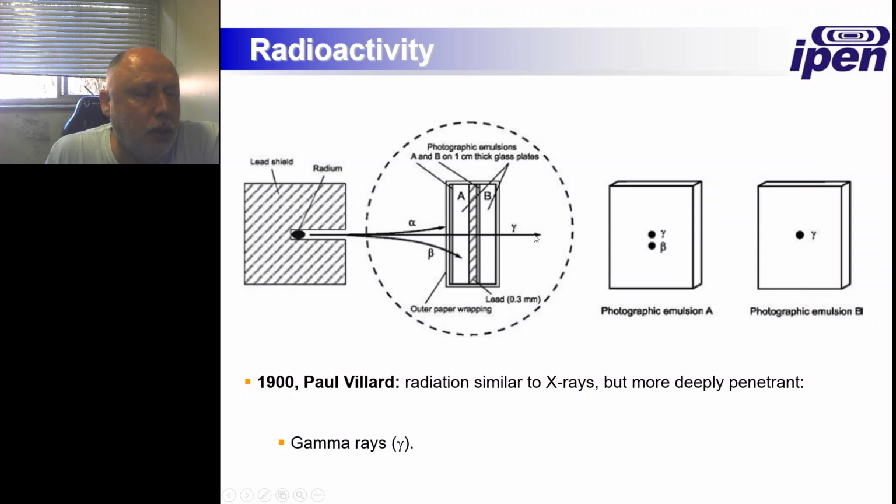And the third one, they called gamma, because it was seemingly unresponsive to electric fields, so it shouldn't have charge, and was really deeply penetrant, could penetrate anything. Right, so this was discovered by Paul Villard, and now we have the three main radiations we talk about essentially.